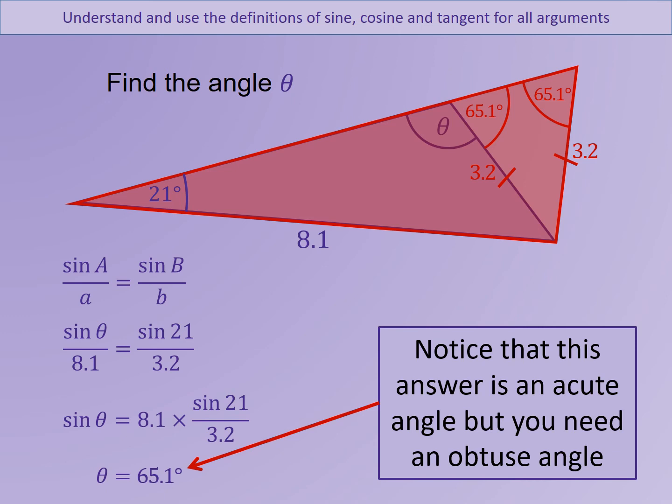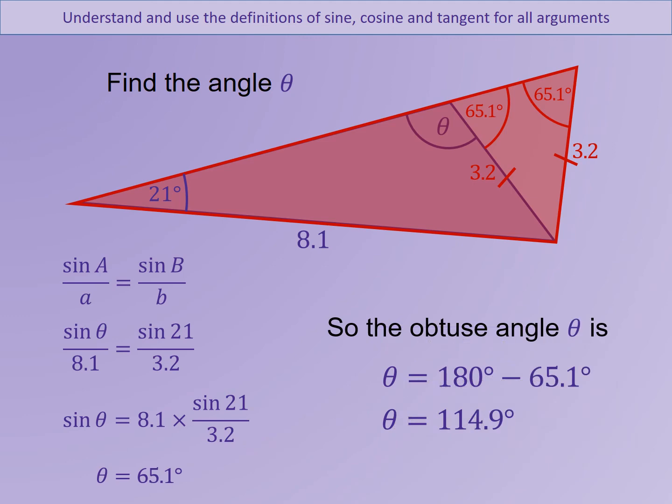And then to finish off, that means that angle theta that I am looking for will be 180 minus 65.1, which equals 114.9. So this is a nice little special case for sine rule that we often see at A level, and be careful and look out for it.